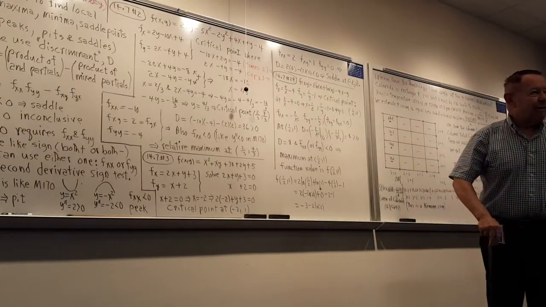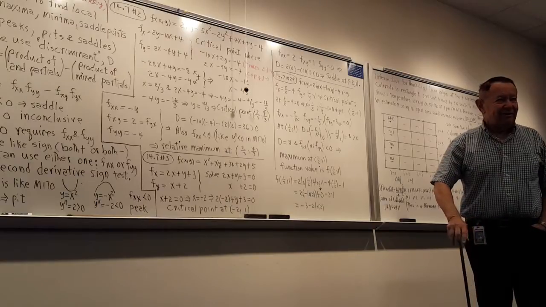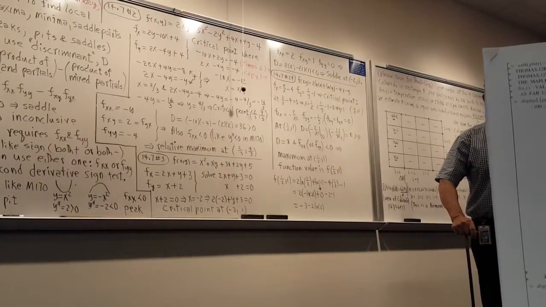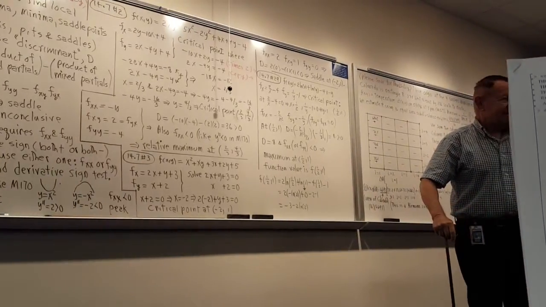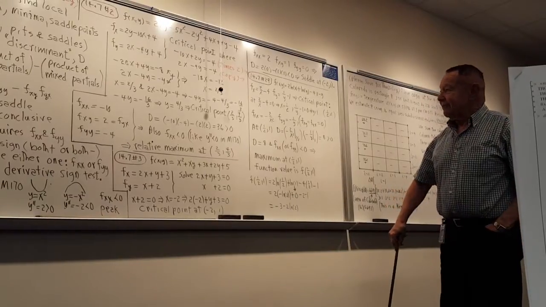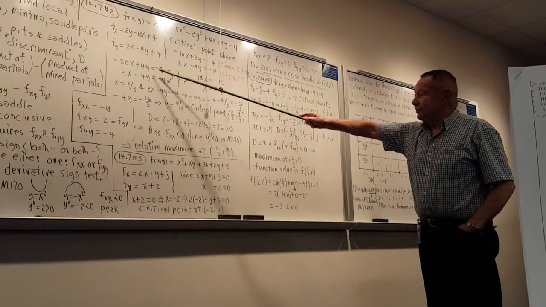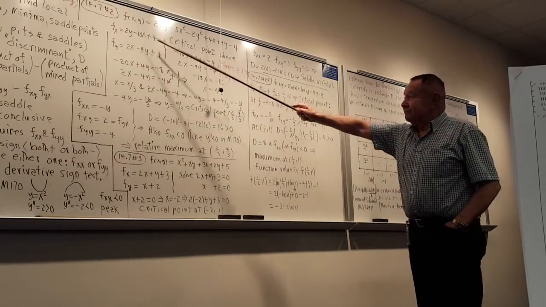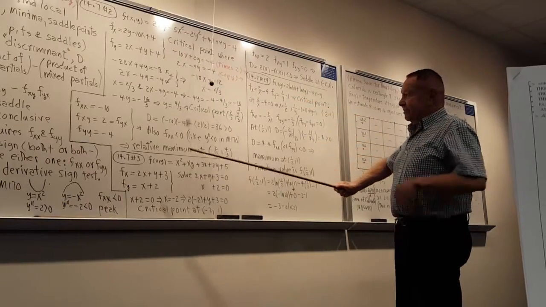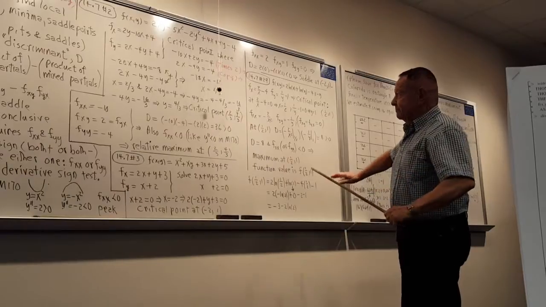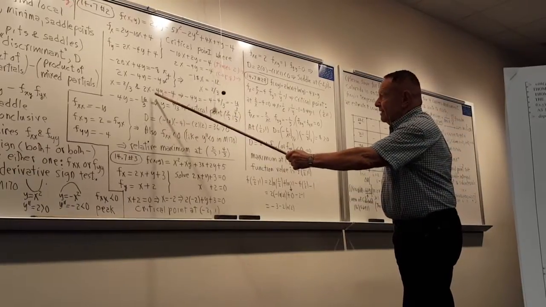Your critical points don't have to be whole numbers, of course, and they don't even have to be rational. They could be square root of 2 or something like that. And after you get the x, as you know, you could substitute into any of these equations and get the corresponding y. So I've done that.